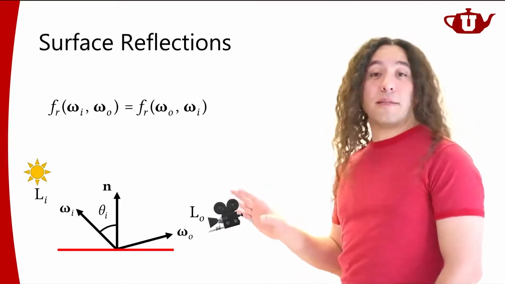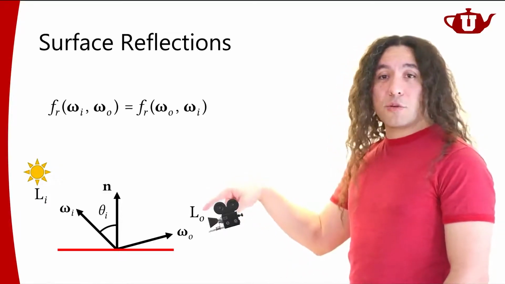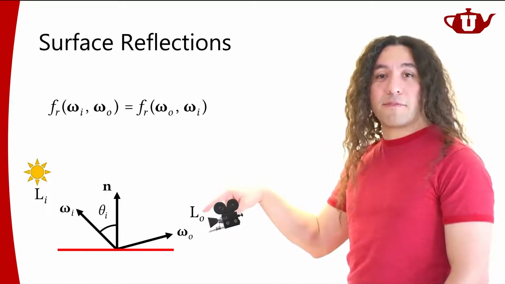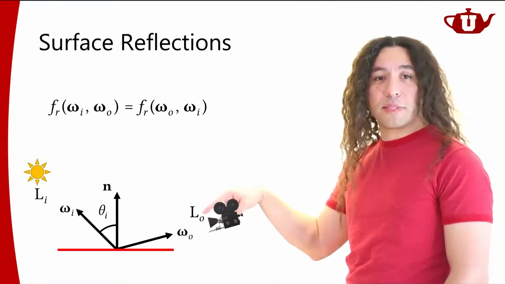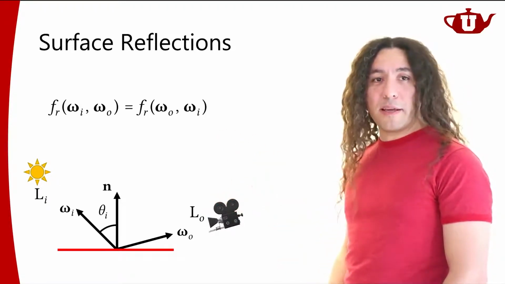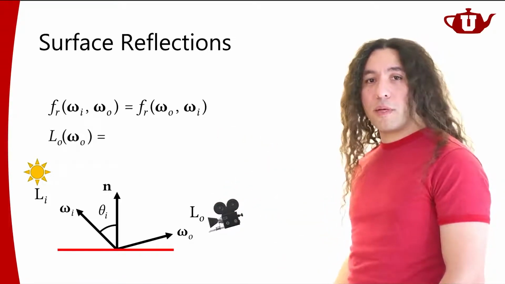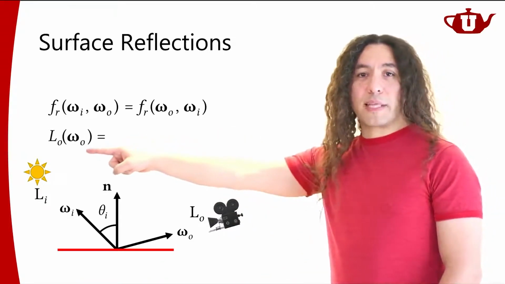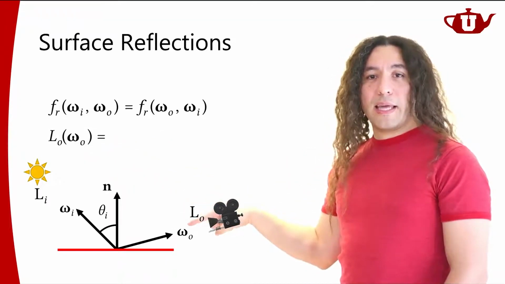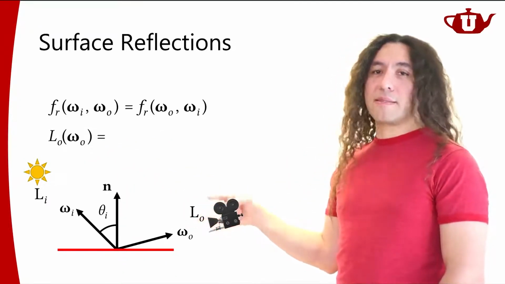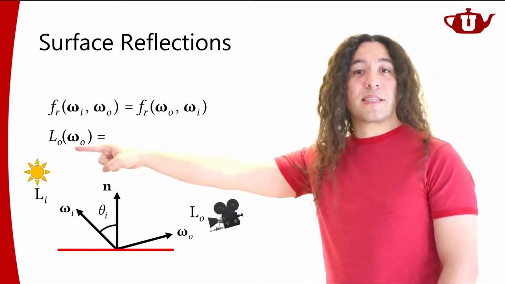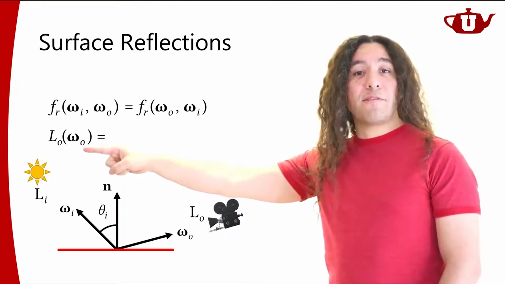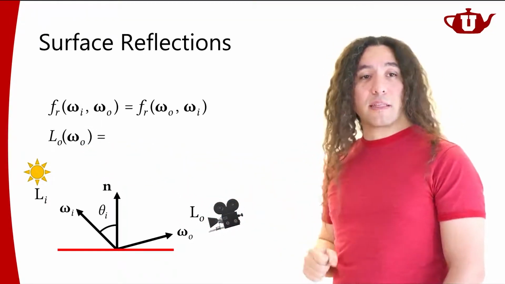But what I'm actually interested in is computing the reflected light. This is what I'm interested in. That's what I need the BRDF for. So all I want to know is the outgoing light in this particular direction. It's typical to write this as a function of reflected light L_O as a function of the reflected light direction.